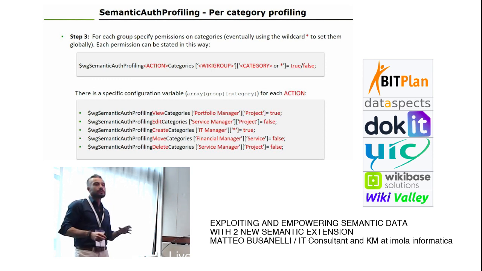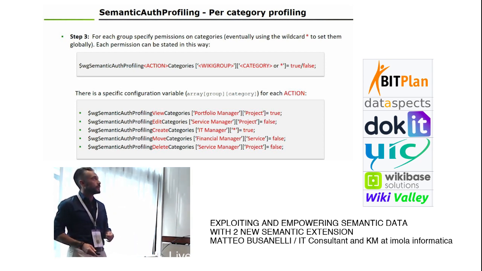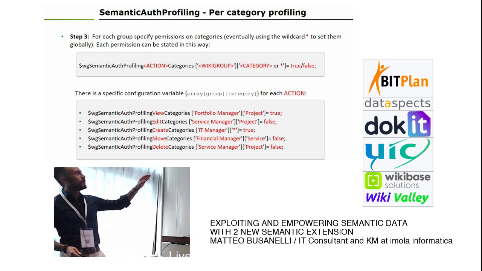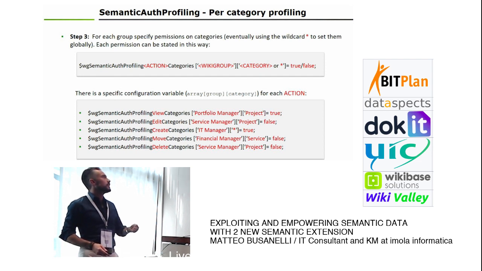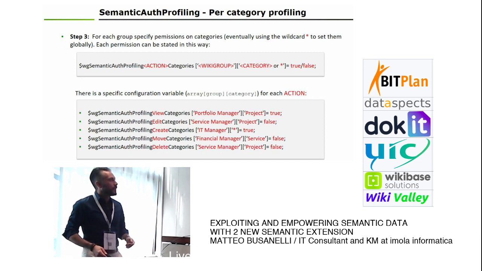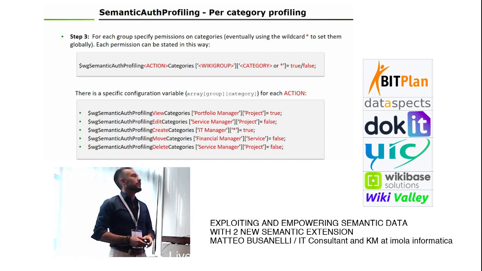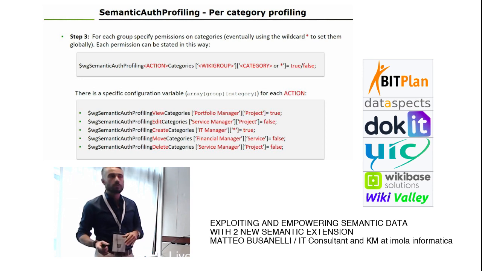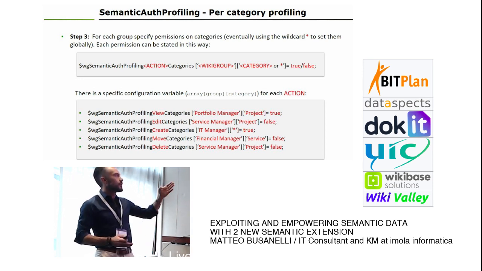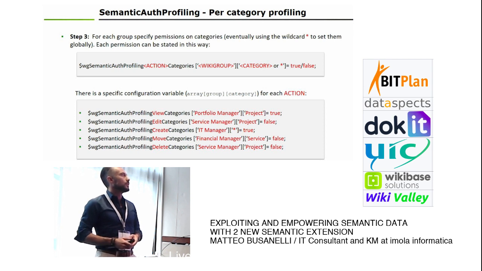So this is the core of the configuration that you can put, as I said, in the local settings or in a separate file that you can import in local settings. So you have to use a specific variable for each action: semantic health profiling view categories, edit, create, and move, and then use the two-dimensional array to specify group, category, and true or false if you want that, for example, they could view or edit.